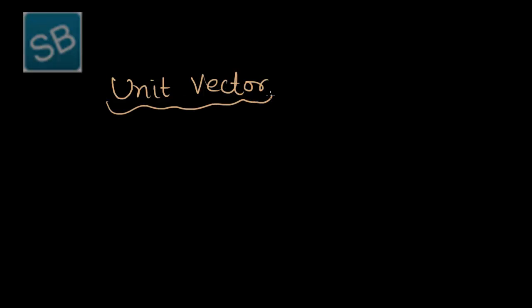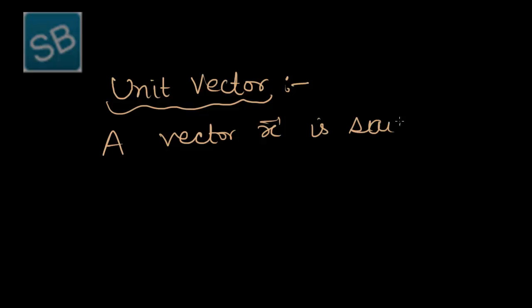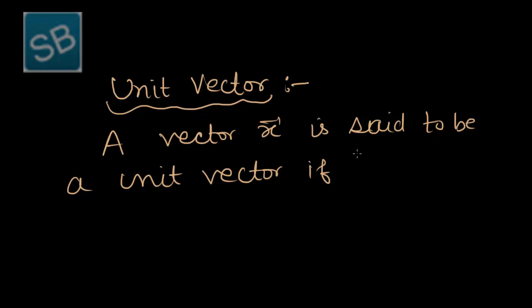Now the next one is the unit vector. A vector x is said to be a unit vector if the modulus of vector x is equal to 1, that is, the magnitude of vector x is 1.